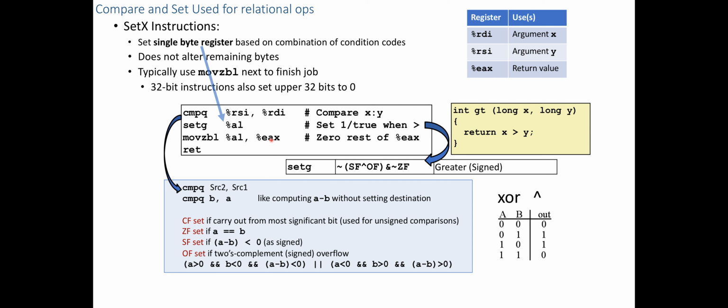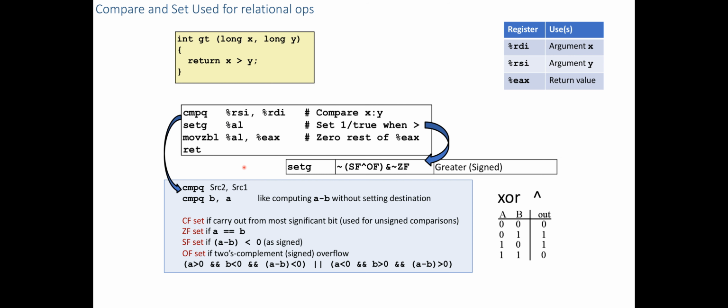So we want to zero out everything in EAX. And then remember that the register ending in AX is the return value. And so when this returns, the result of evaluating X greater than Y will be in EAX, and the top part of it will be zeroed out. So that's how these 3 instructions are used to carry out this one line of C code there.